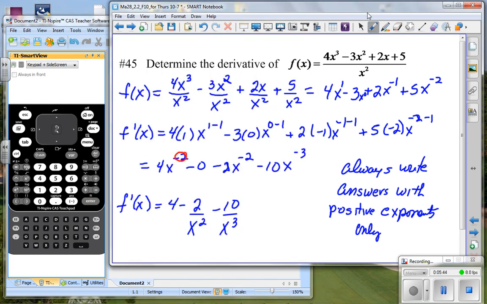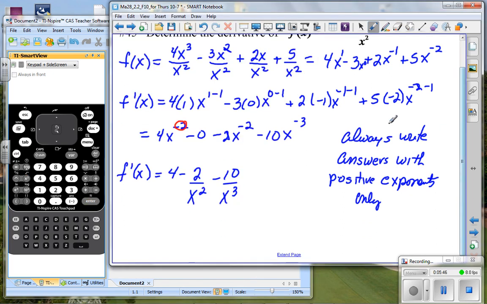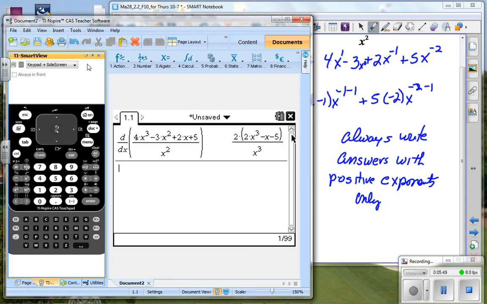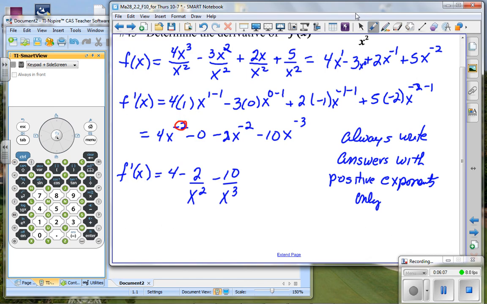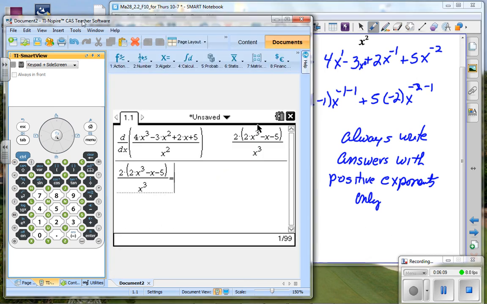Now again, that's not looking like the answer that we had. We had 3 fractions. This one has just 1. So we're going to check our work. What I want you to do is to go up and highlight that, press enter, bring it down, equals, and we're going to set it equal to the answer that we have. So let's take a look at our answer.